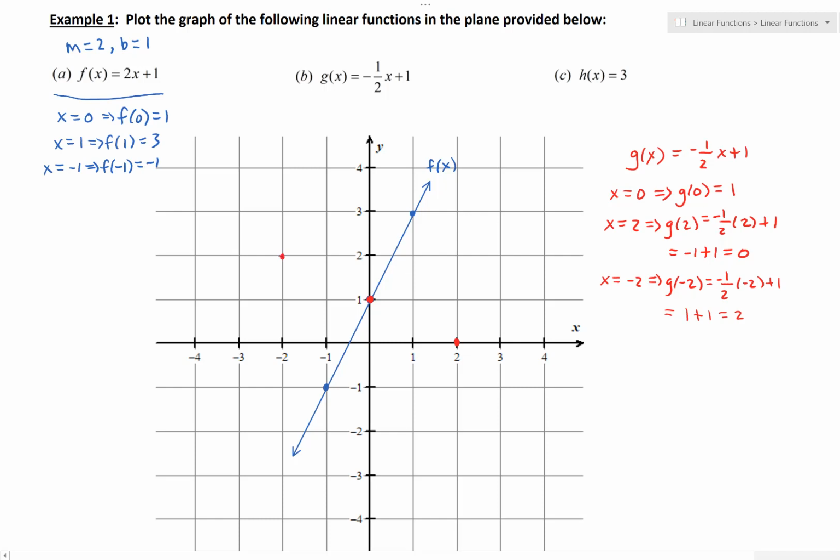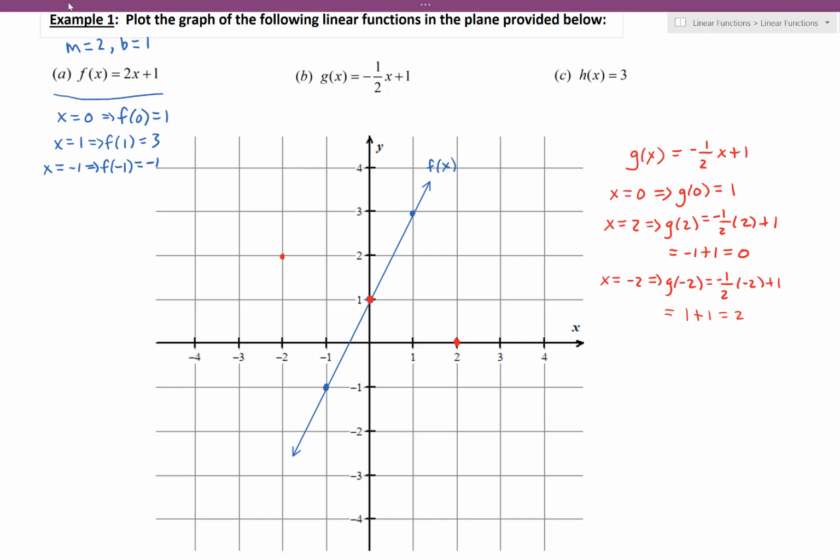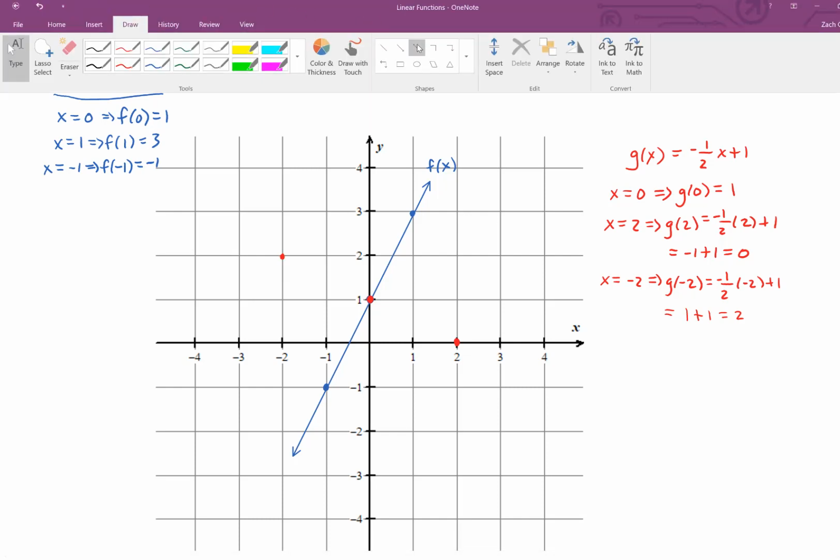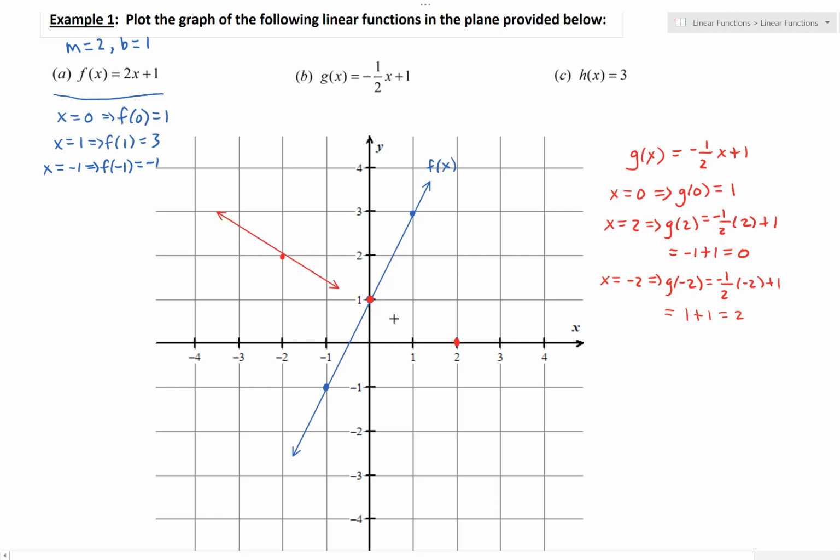And here we can see that this graph connecting the dots also is a line. So let's go ahead and draw that line in as well. Moving my other side around here a little bit, make it a little more accurate. There we go. There's the graph of g of x.